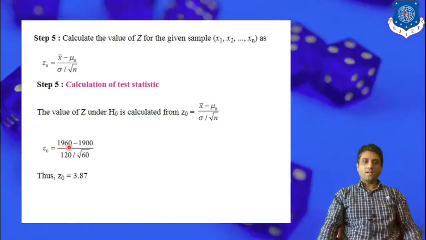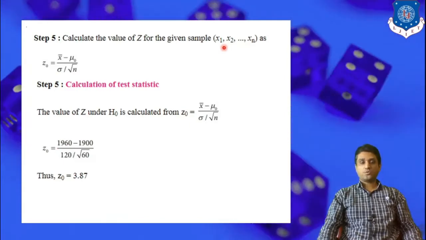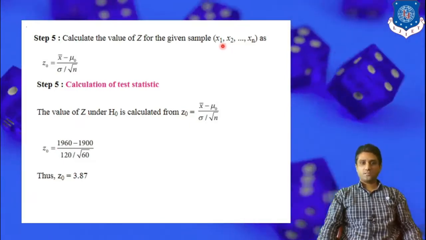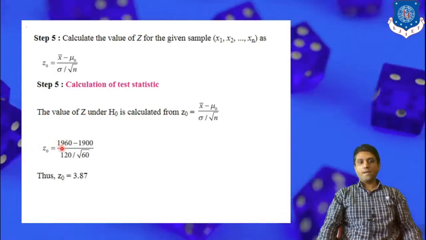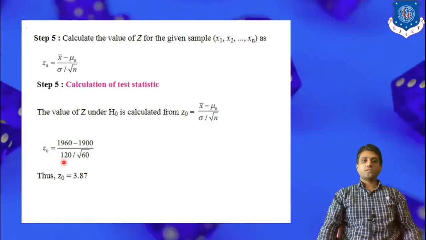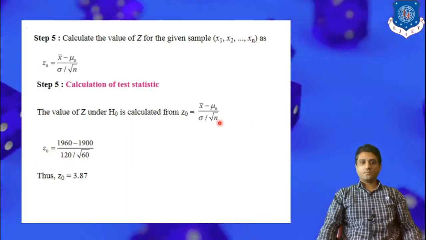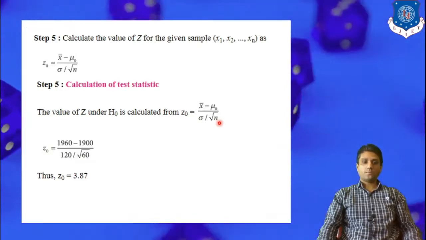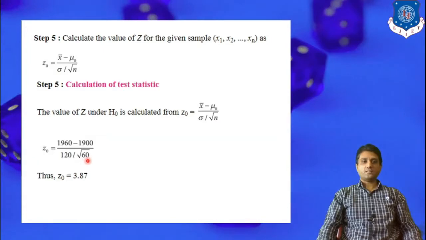This x bar is from whatever random experiment you consider. Here 60 random cables are considered, and it is observed that the mean is increased. The standard deviation is 120, which is defined in the question, and n is the total number of random samples, how many random cables you consider. Here it is 60.